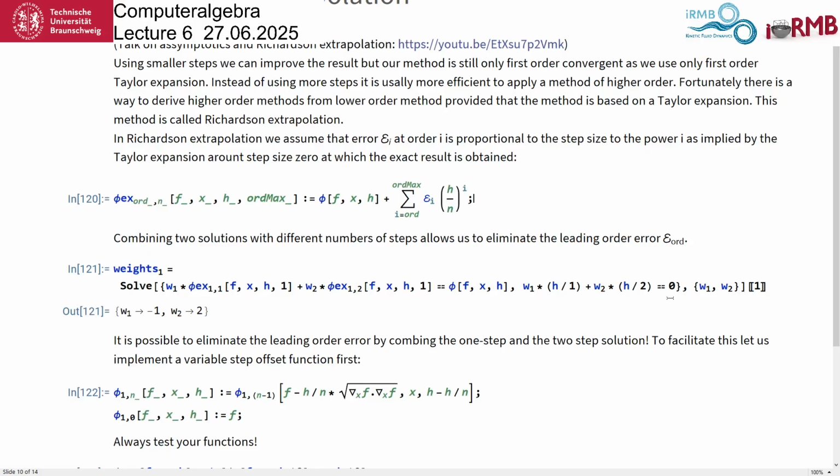So then we solve this for the weights, and then we get these weights. This implies that if we do it by 1 step and by 2 steps, we have to multiply the solution that used 2 steps by 2 and the one that used 1 step by -1.